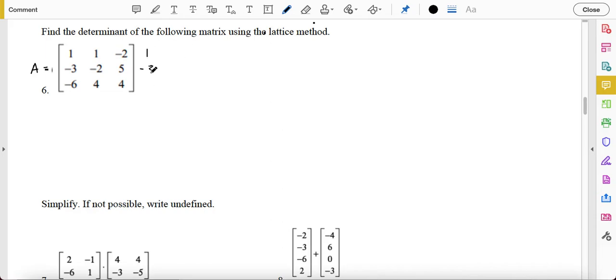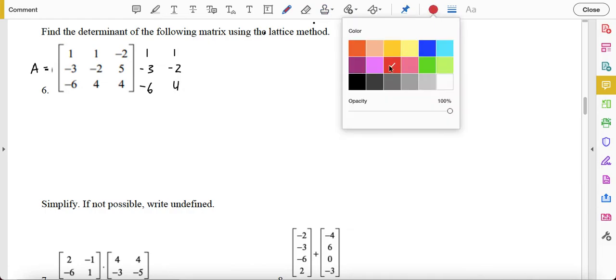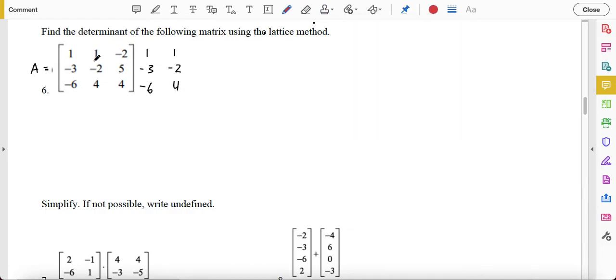So we got 1, -3, -6, and then 1, -2, 4. And we make three downward sloping groupings, which I always do in red. We find the product of the numbers in each circle, and we add all of these.